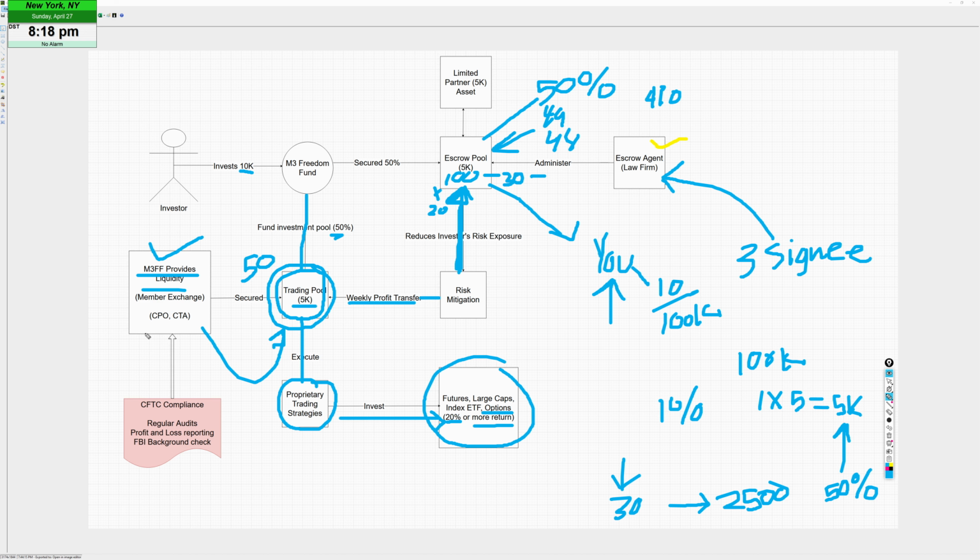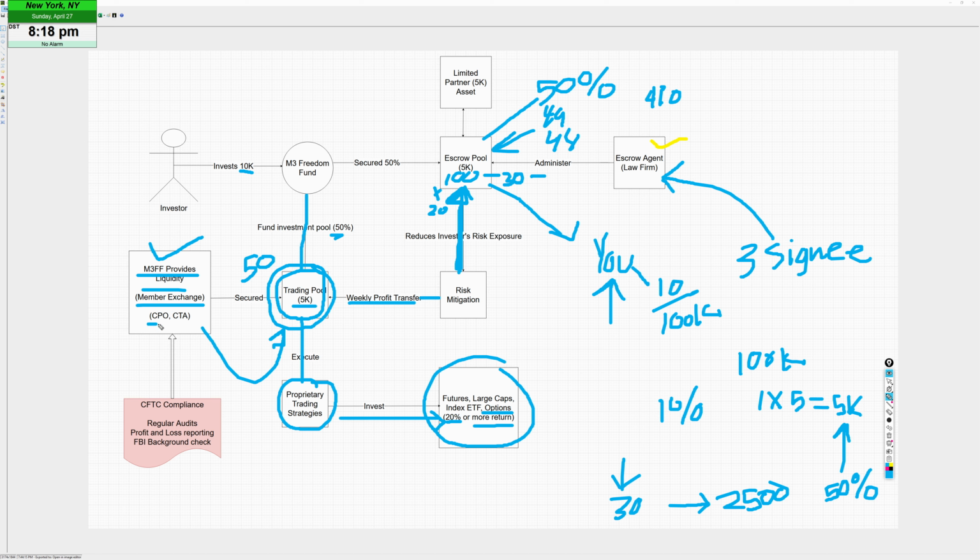And I just wanted to mention one other thing, that M3FF will be a member of the exchange. We will be applying for and getting membership of the exchange, which mainly allows us cheaper commission, an additional 40% off.